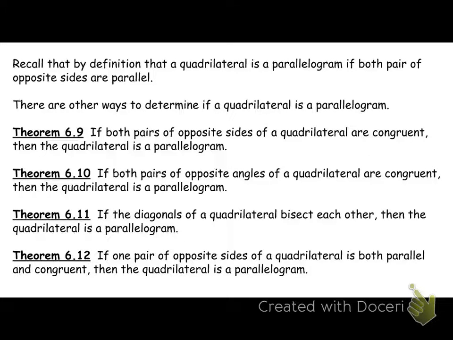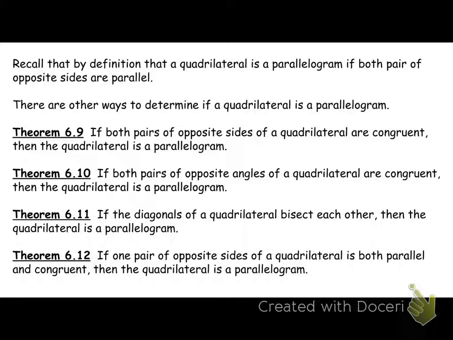So, basically, these four theorems are everything we learned in 6.2 backwards. If both pairs of opposite sides are congruent, then the quadrilateral is a parallelogram. If both pairs of opposite angles are congruent, then the quadrilateral is a parallelogram.